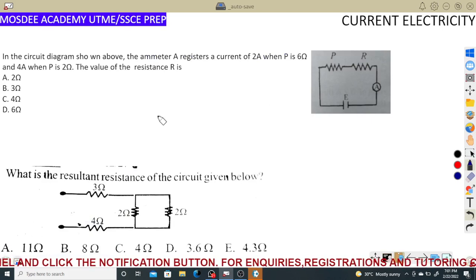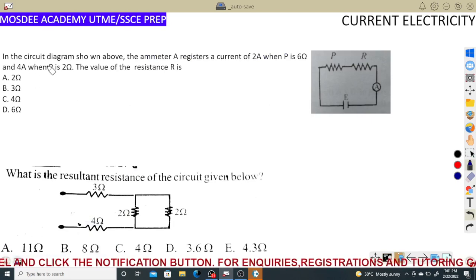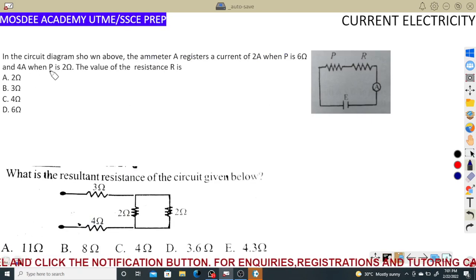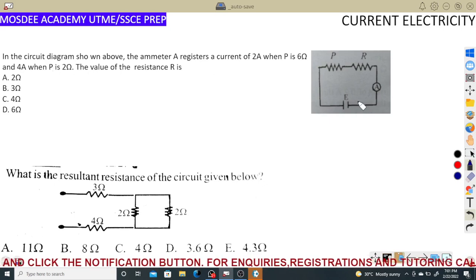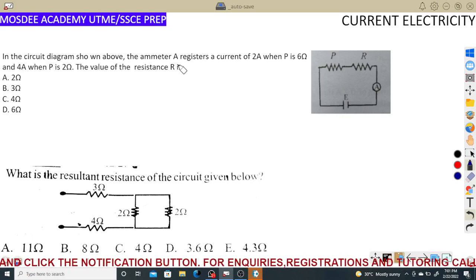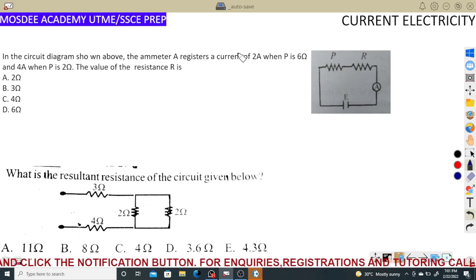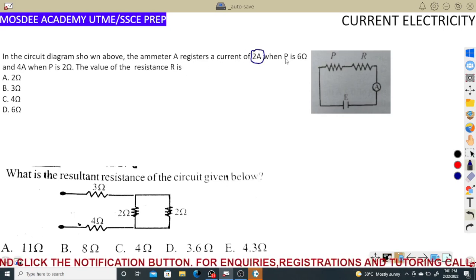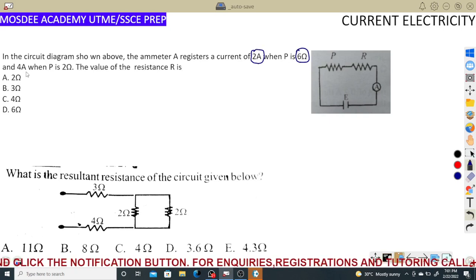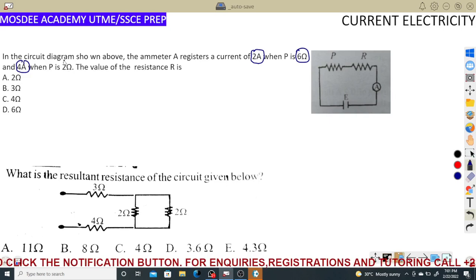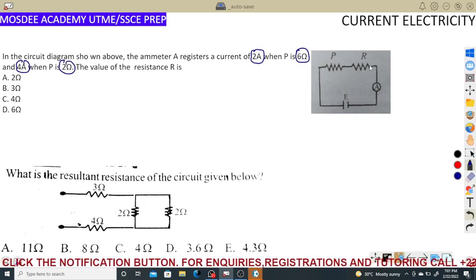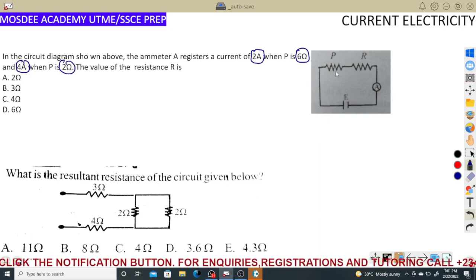Please, let's be attentive. The next question says, in this diagram shown by the side here, the ammeter registers a current of 2 amps when P is 6 ohms, and registers 4 amps when P is 2 ohms. What is the value of R? Now, guys, let's look at something.